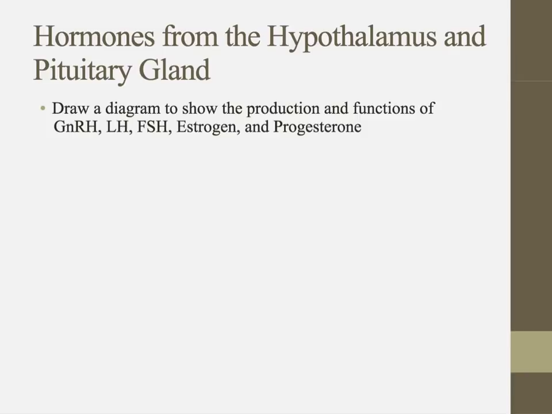So where do all these hormones come from and what do they do? Well, I'm going to start with structures and with hormones. I'm going to enclose the structures in squares and the hormones in circles. All of your hormone production starts in the area of your brain known as the hypothalamus.